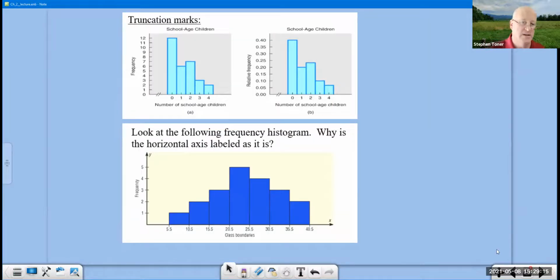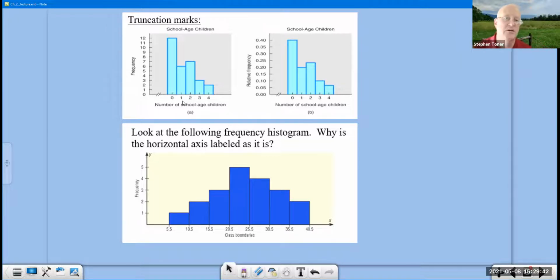Here are some other examples. Sometimes we use what's called truncation marks. Notice on this first one, we didn't have the ranges from 0 to something. It's just 0, school-age children and family. Well, if you put the bar between a 0 and a 1, you don't know what that really means. So we straddled this across the 0, and the next bar going up really truly represents the 1.